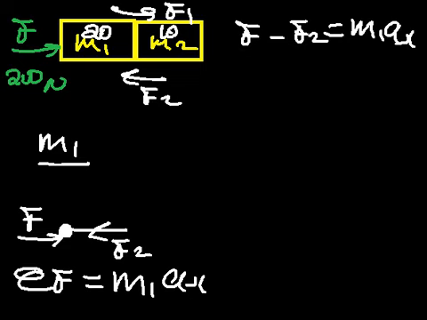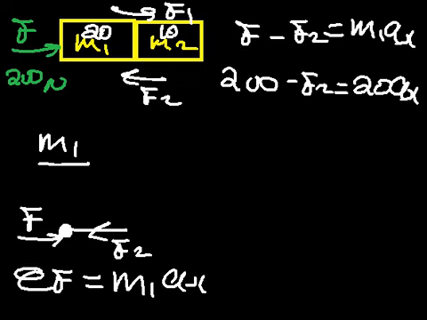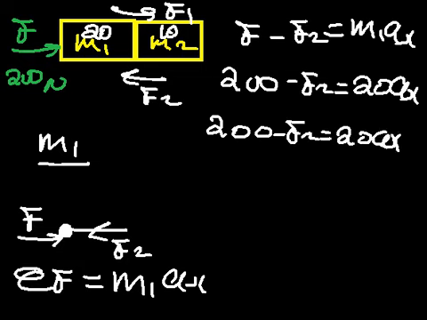The applied force is 200, so we have 200 minus F2 equal to 20 times acceleration.